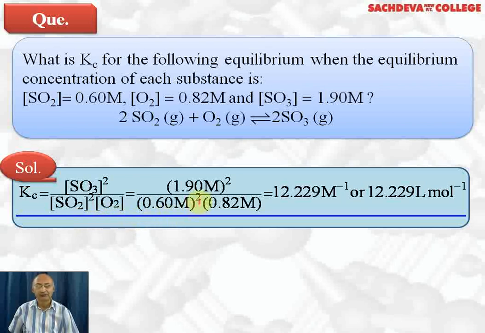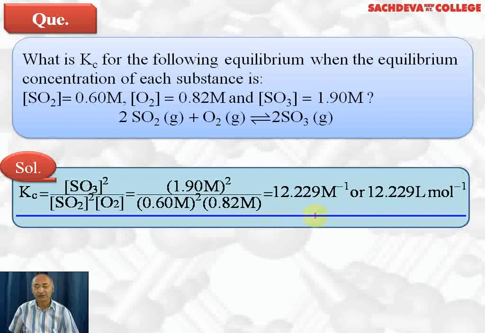We substitute the values of molar concentration at equilibrium. SO3 is 1.90 molar, so it will be whole square, divided by 0.60 molar whole square into 0.82 molar, which is the concentration of oxygen. On solving, we get 12.229 molarity inverse.